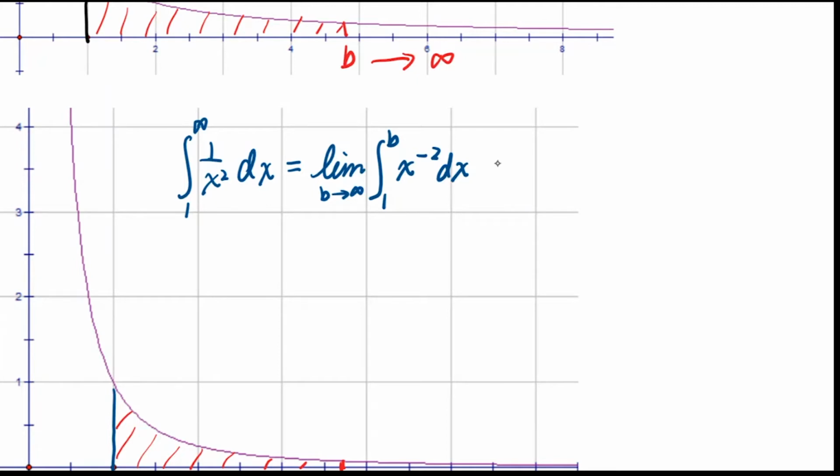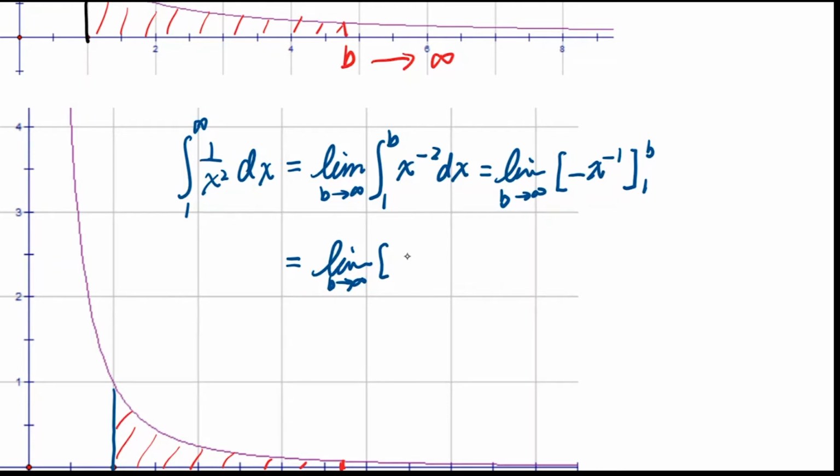Then this will be the limit of b approaching infinity of, is it x to the -1 power, therefore a minus sign here, right? From 1 to b. And now we substitute. Should we use plumbing, professor, this minus that one because of that negative sign? So we say 1 minus 1 over b.